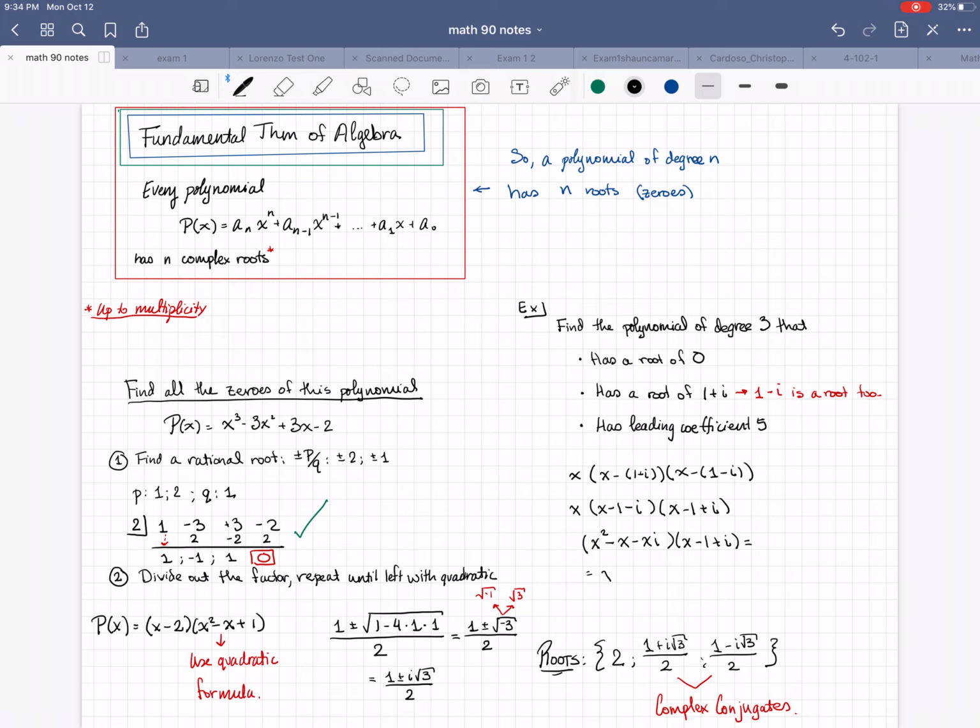So we have x cubed minus x squared plus x squared i minus x squared plus x minus xi minus x squared i plus xi minus xi squared.